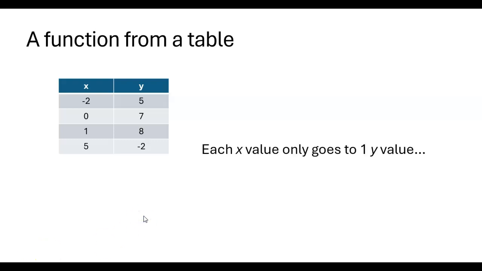Each x value goes to only one y value. The x value of -2 only goes to the y value of 5. So that x goes to one y value. The x value of 0 goes to 7. That x value goes to exactly one y value. Same for 1 and 5.